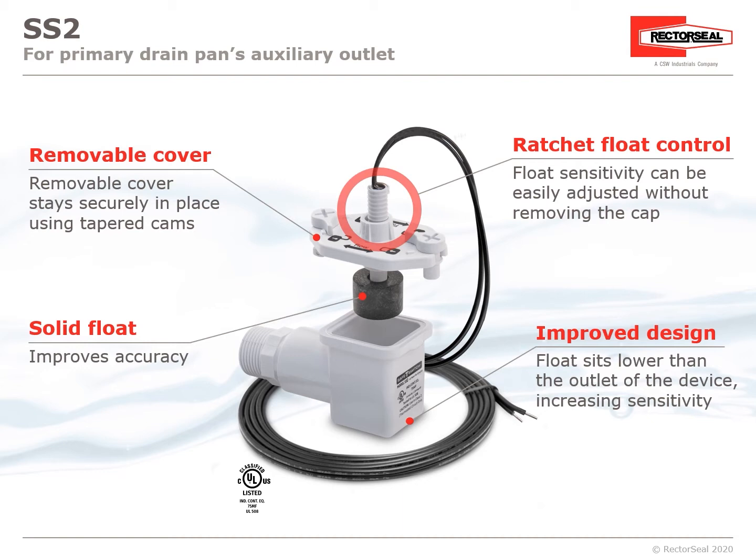It has a solid float that provides the most accurate float design in condensate shutoff mechanical switches. It has a ratcheted flow control to attain a more or less sensitive condensate float switch, and also the SS2 with the convex design. That means the float can now sit lower than the outlet of the device, offering greater sensitivity.